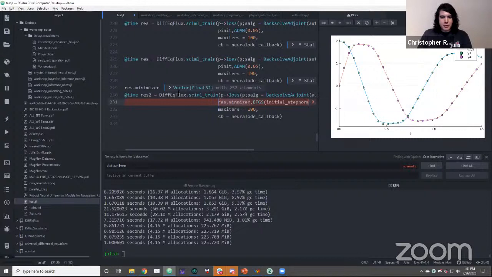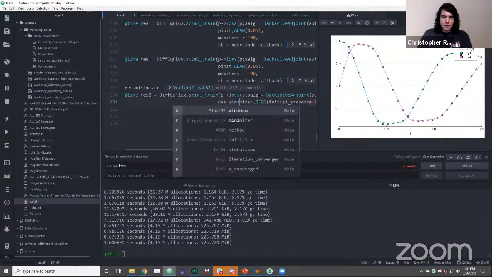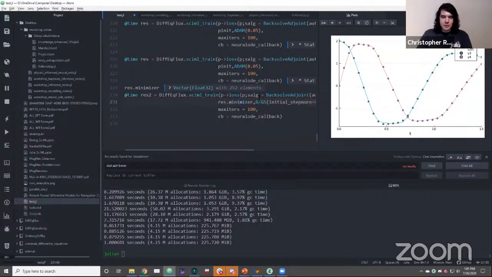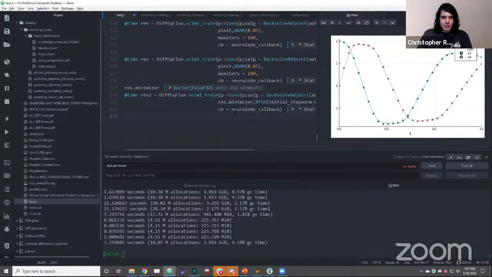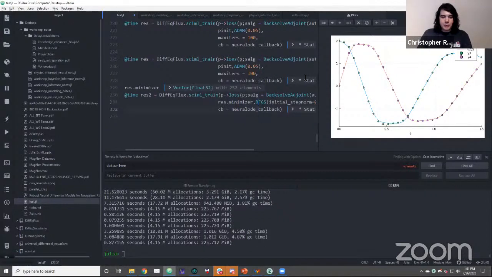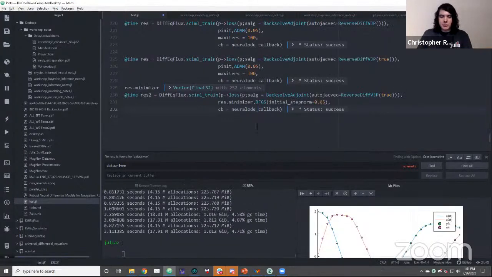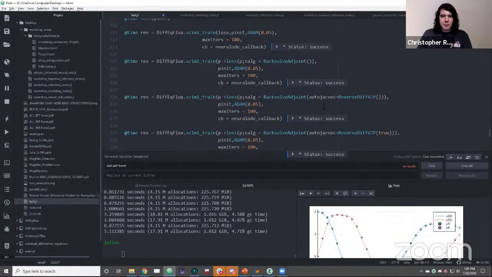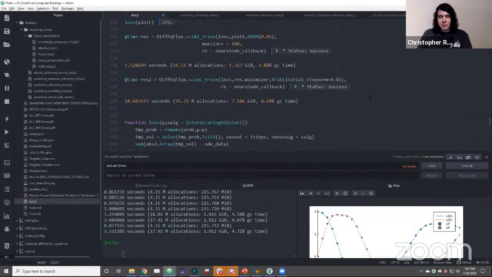Does anyone see the typo I made here? Oh, minimizer. So this total fitting of the neural ODE, after we do this quick optimization, we get it down to around 4 seconds. There's one last thing that we can do to get this example down to 3 seconds. I forget exactly what it is, but it was in my notes.